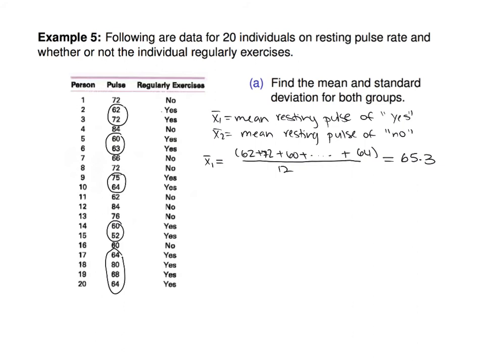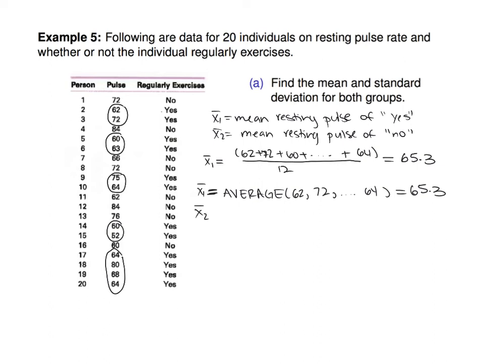To put this into Excel, x1 bar could be found by typing an equal sign and then typing average. You can either put these numbers in a column and highlight the whole column, or you can put them in a list: 62, 72, put them all in. The last number is 64, and you get 65.3.